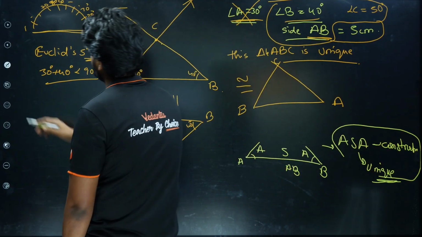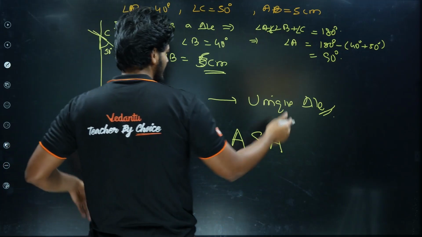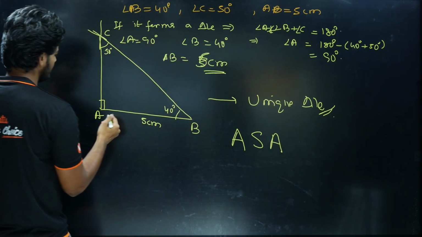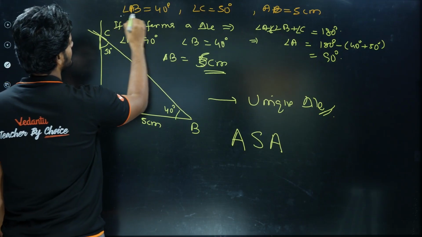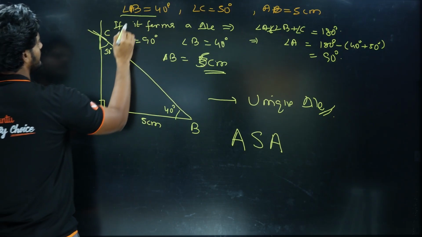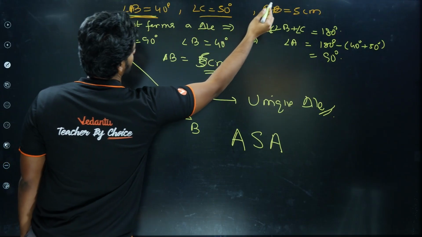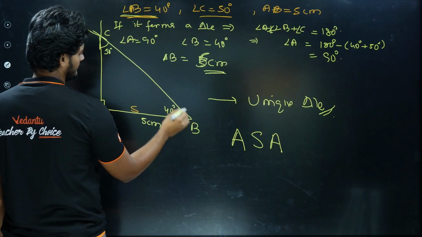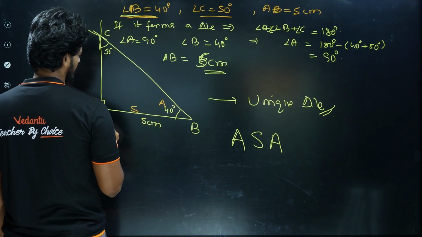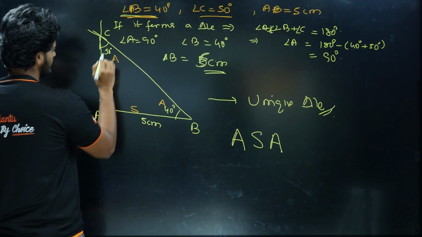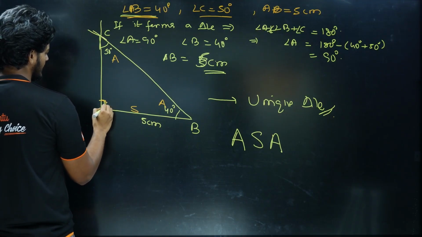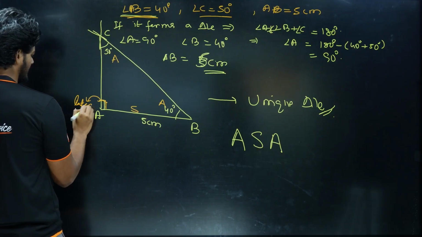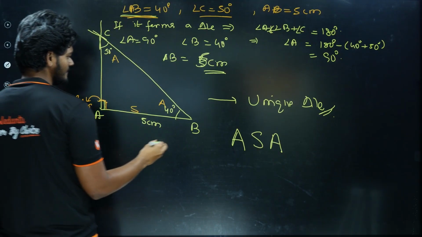Right? And then here we saw we did not have angle side angle. Instead, what did we have? We had angle B and angle C, but we have side AB. So we have this side, this angle, and this angle. This was the initial thing, right? This we constructed later, but it's nothing. This was given.